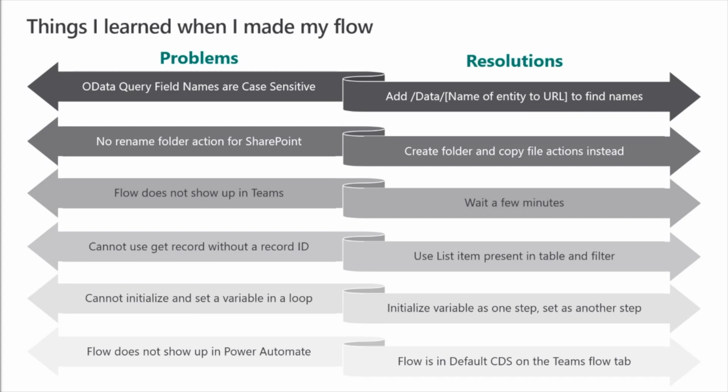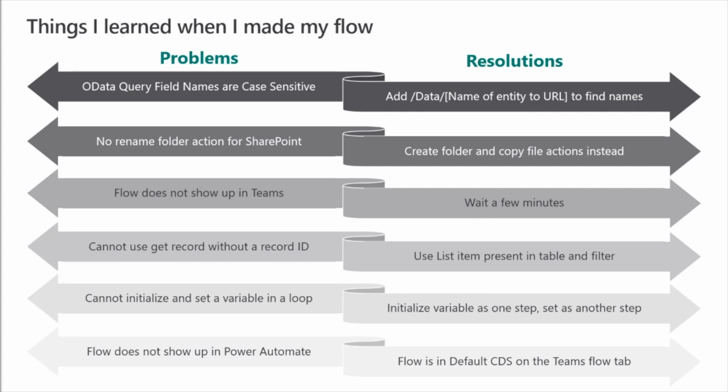The last tip is that you created your flow, but you go back to Power Automate and you can't see your flow. You can't find it. It's not in the My Flows list. The reason for that is that it goes over into the team flows. So it's the second tab over. The other thing to note is that it doesn't use the environment that you're selected on.